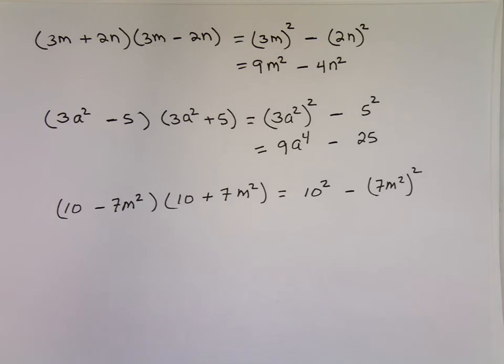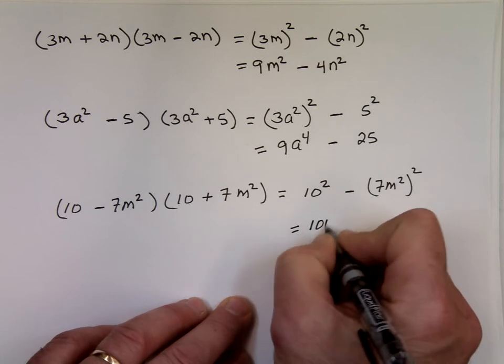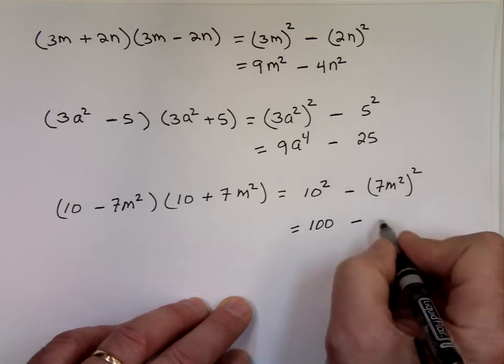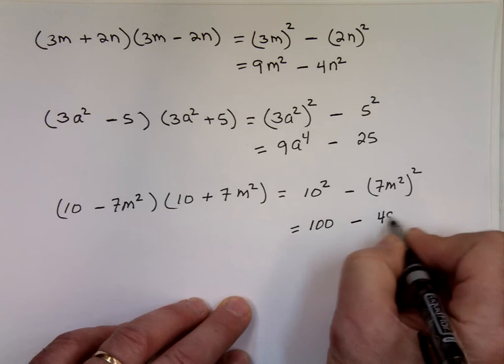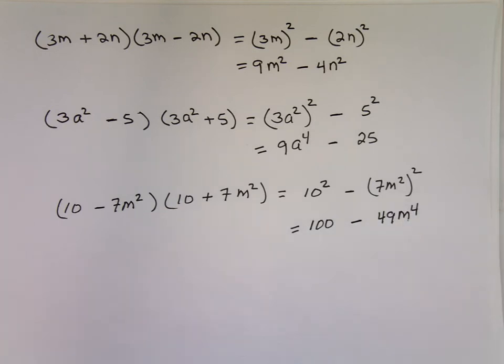What's the first one? 100. And this will be what? 49m to the fourth. And that's all the special cases that we have to know.